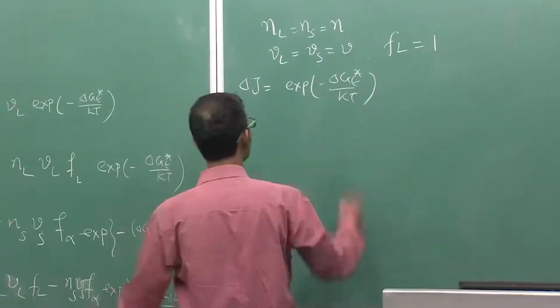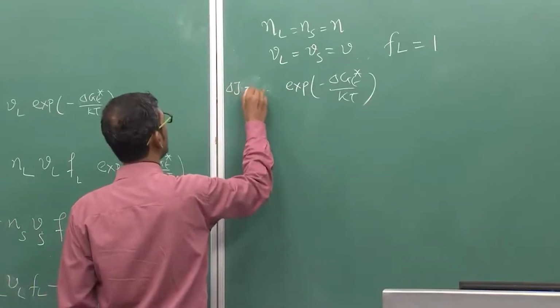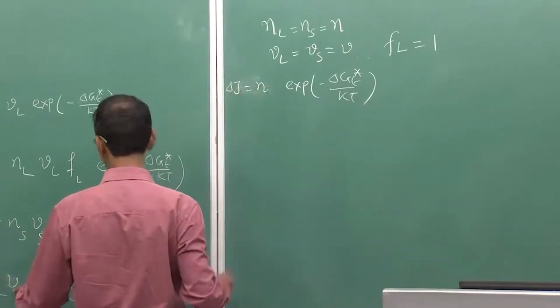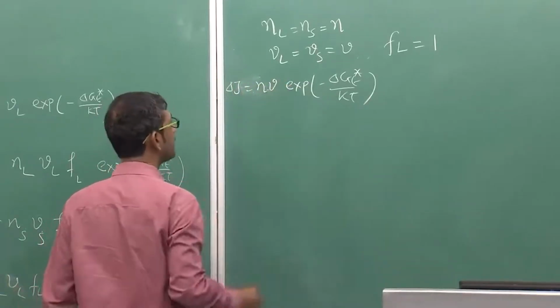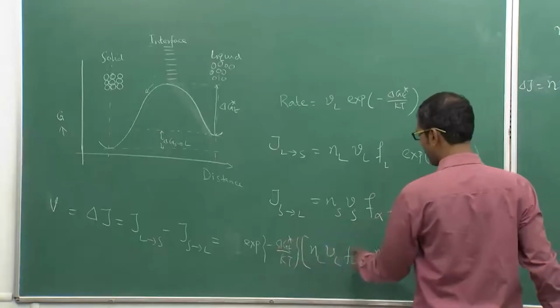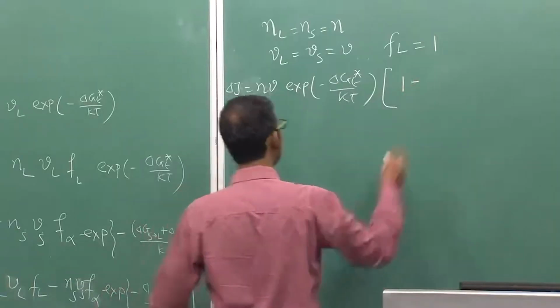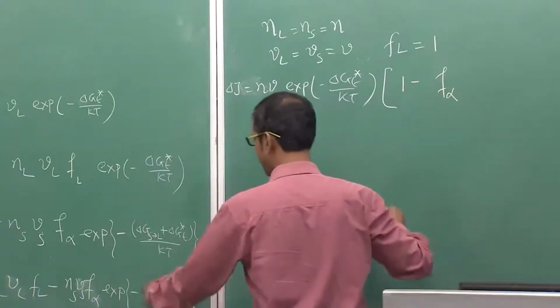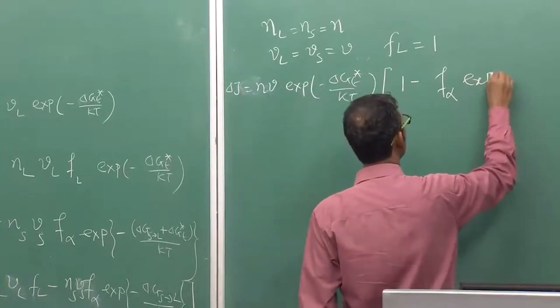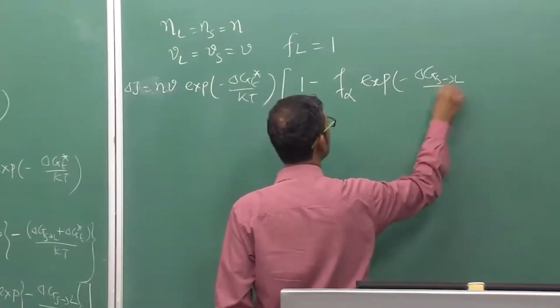As you know, NL is equal to N, so I can write N mu L will become mu, and then NL mu L goes out. FL I have already considered 1, so it becomes F alpha exponential minus delta G solid to liquid.